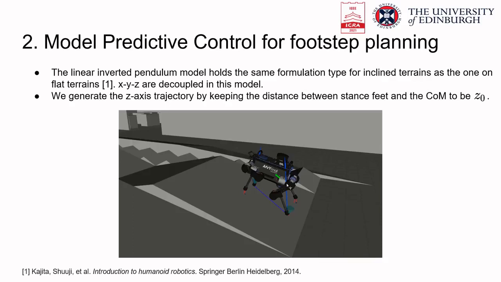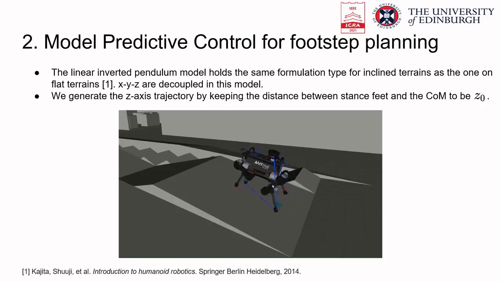So, what about trotting on inclined terrains? We can use the same formulation for the x and y directions in this case. But we need to generate the desired center of mass position along that axis.